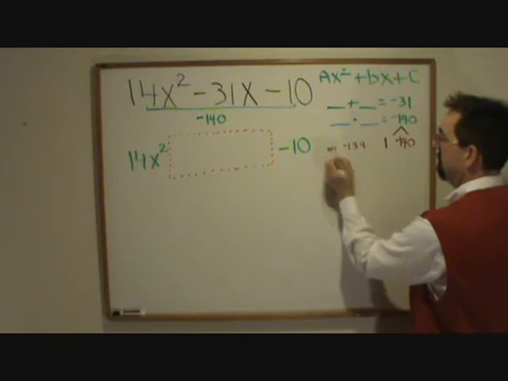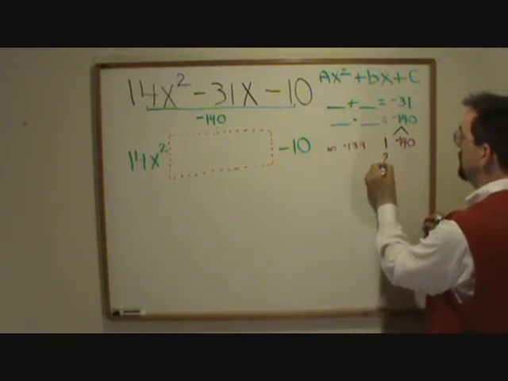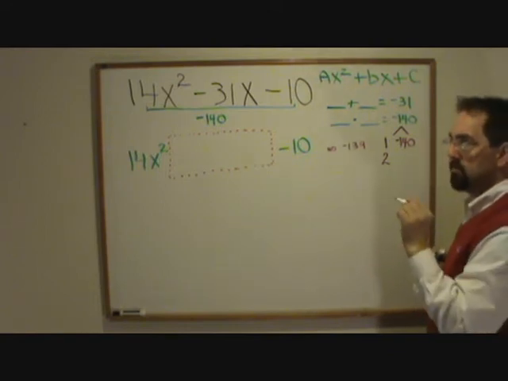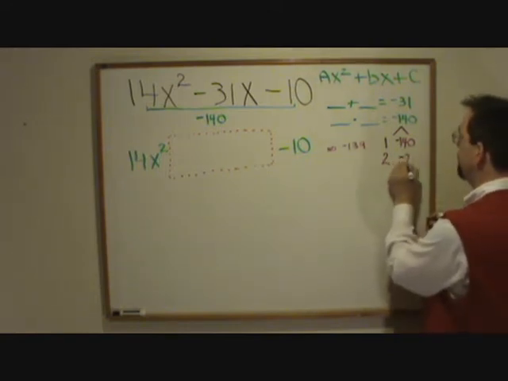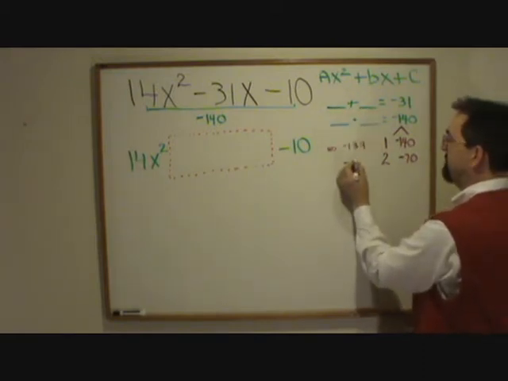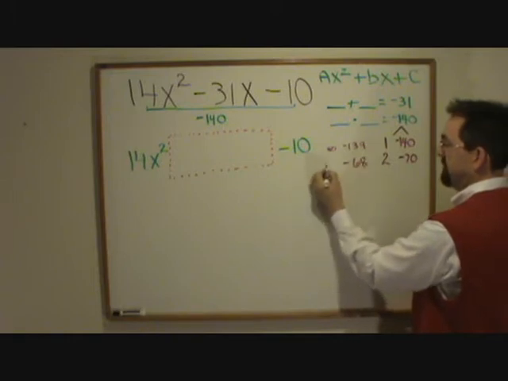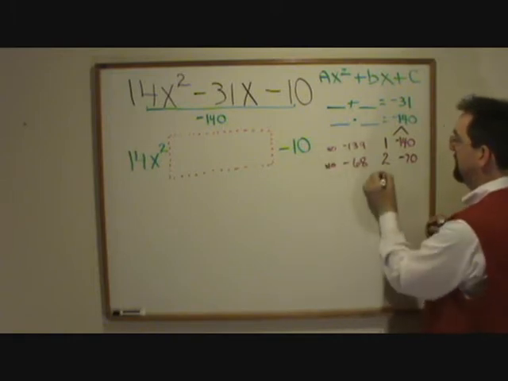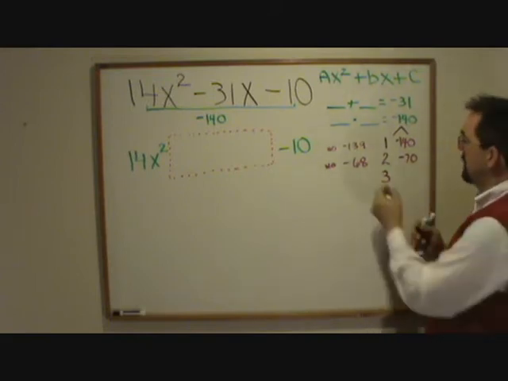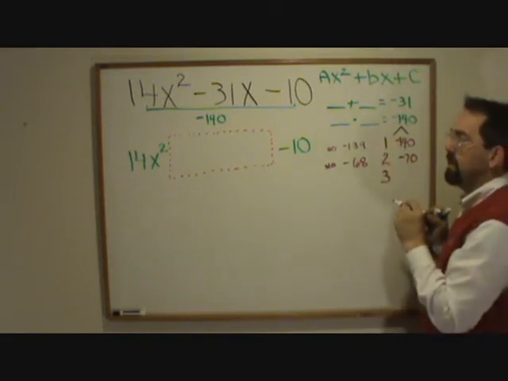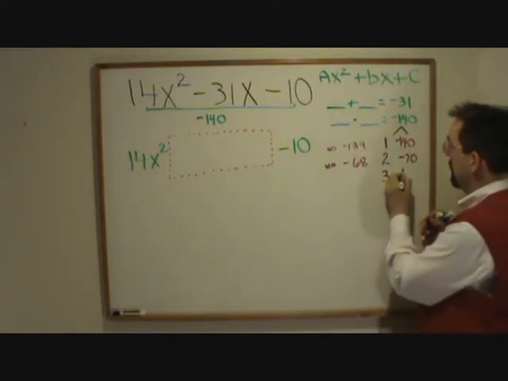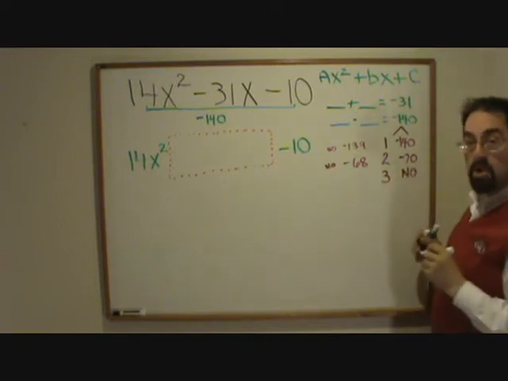No. 2. How many times does 2 go into minus 140? Minus 70. If I take 2 and minus 70, I get minus 68. No. 3. How many times does 3 go into minus 140? 3 goes into 14 four times, leaving 20. That's not a round number, so I can't even do that one. So I'm going to put a no.